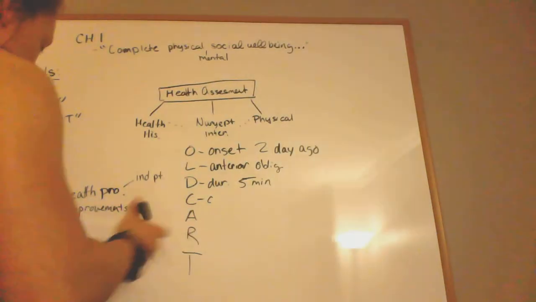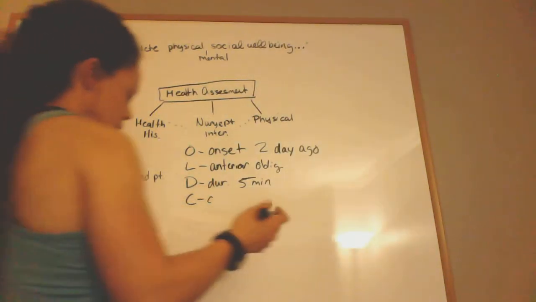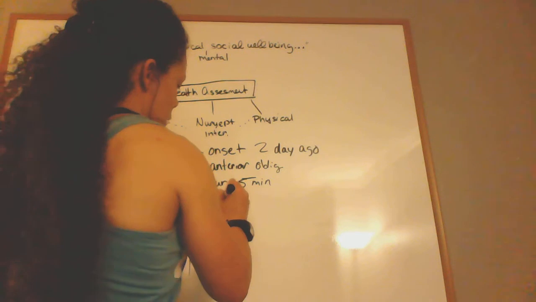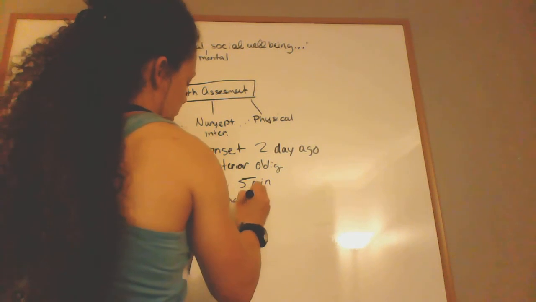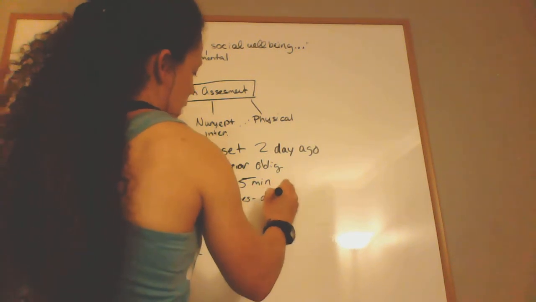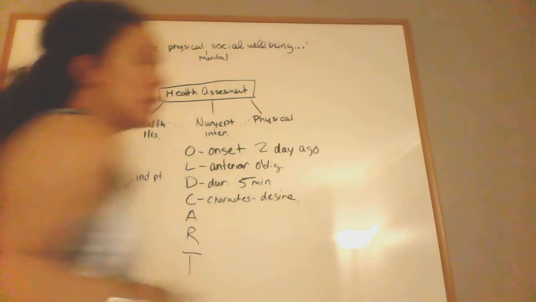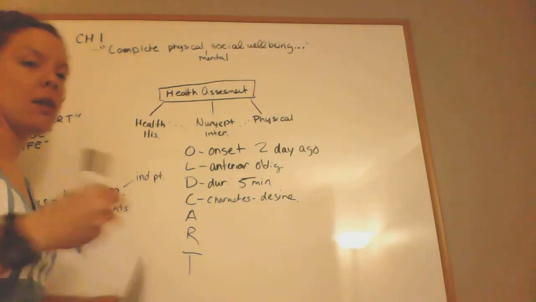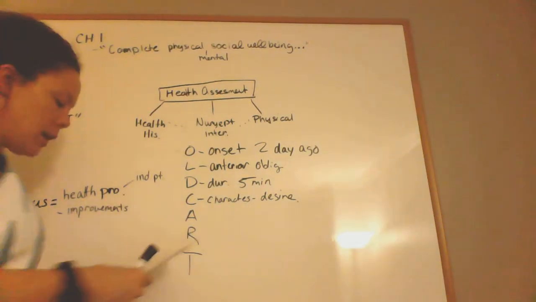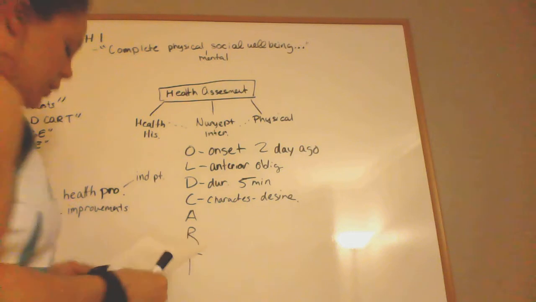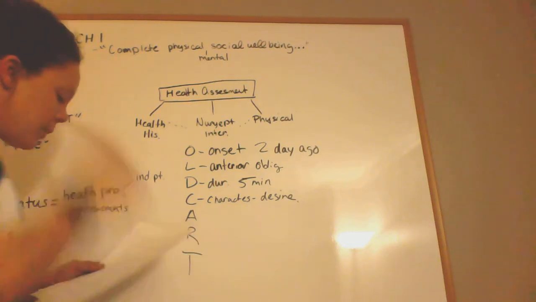Characterization: can you characterize or describe it? That's where we go, can you tell me more? Or is it like this, this, or this, giving multiple different answers or options to choose from.